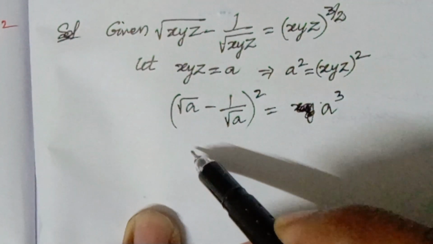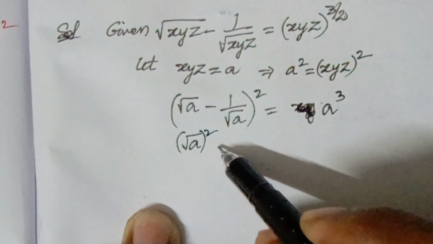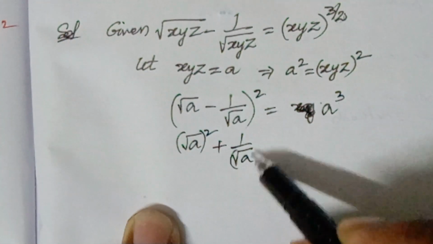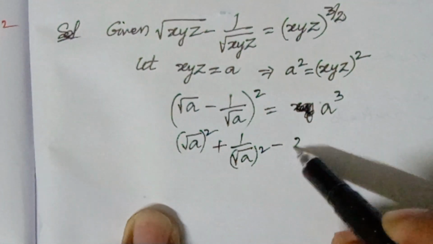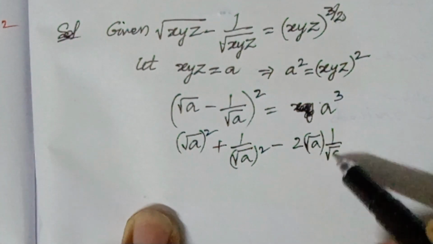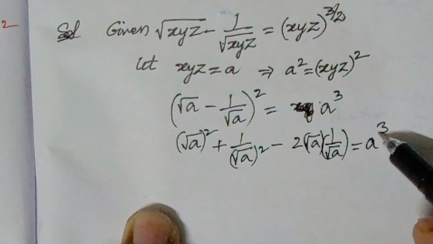Now if you expand this: root a whole square plus 1 by root a whole square minus 2 into root a into 1 by root a is equal to a cube.